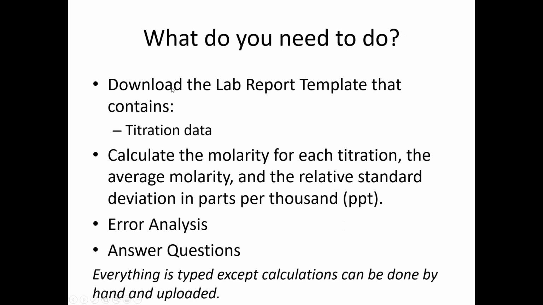So what you need to do: download the lab report template that contains the titration data, calculate the molarity for each titration, then calculate the average molarity, and then calculate the relative standard deviation in units of parts per thousand, and do an error analysis, and there will be some questions to answer. Everything needs to be typed except calculations, which can be done by hand and uploaded.